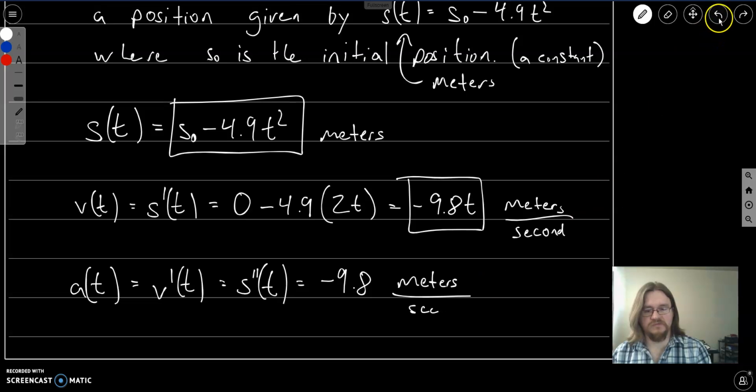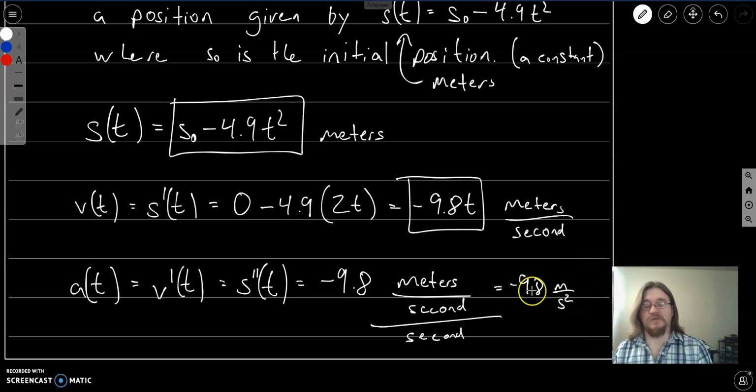So this is going to be meters per second, but if I'm taking meters per second and dividing by seconds, this is the same thing as meters per second squared, which makes sense if you've taken some physics classes or some engineering classes. This should be somewhat recognizable, that acceleration should be measured in meters per second squared.